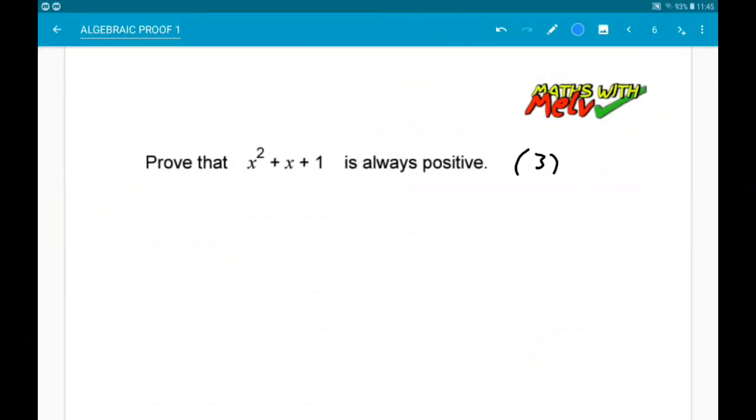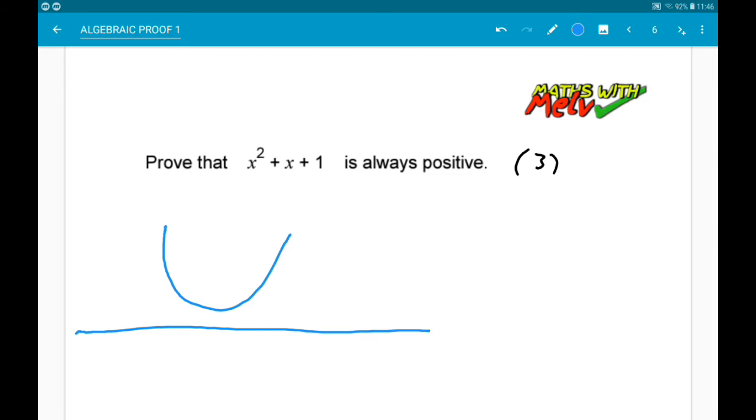Okay then, fifth and final for this video, prove that x squared add x add 1 is always positive. Okay, so how are we going to do this? Well, x squared add x add 1 is a quadratic. So we need to think about the graph. Quadratics look like this. If this is always positive, then that means the graph never touches the x-axis.